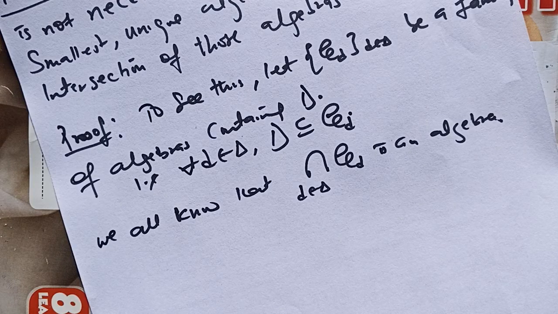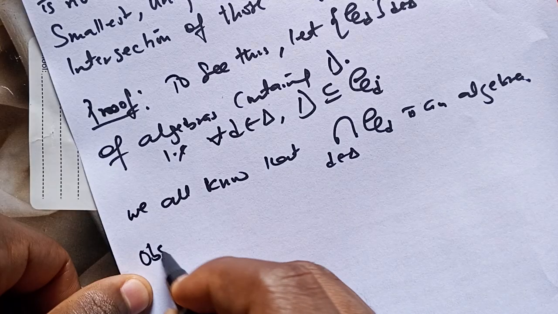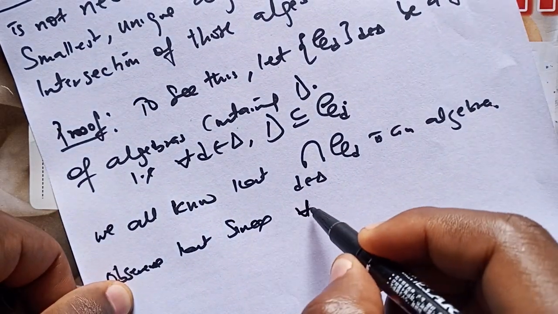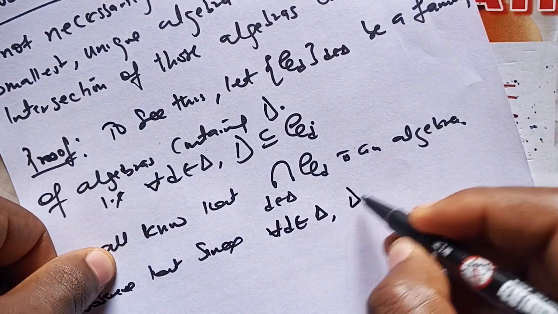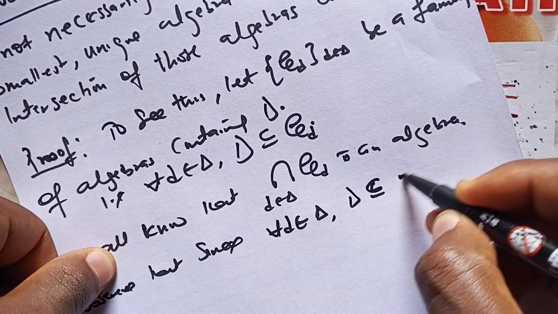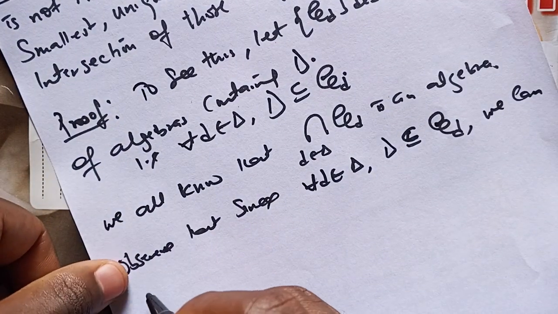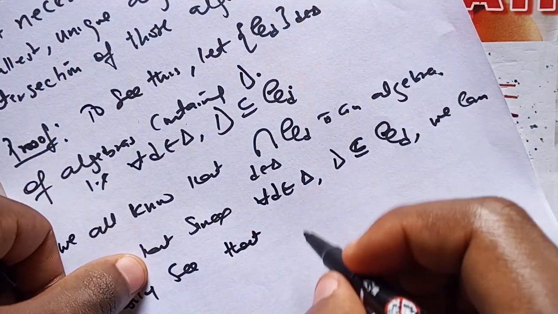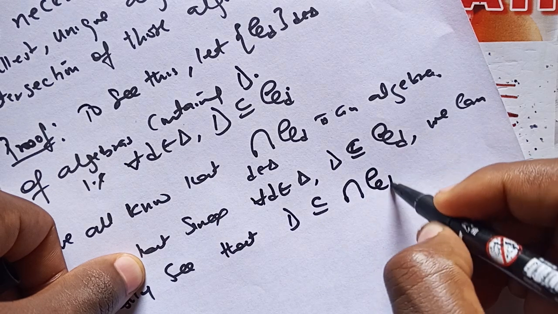Now let's check if this arbitrary intersection of algebras contains D. Okay, now also observe that since for every D in the index set, D is a subset of this algebra containing D, we can easily see that D is a subset of the intersection of these algebras.